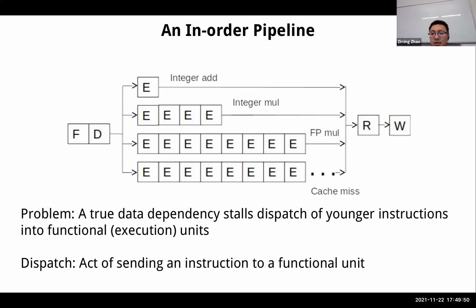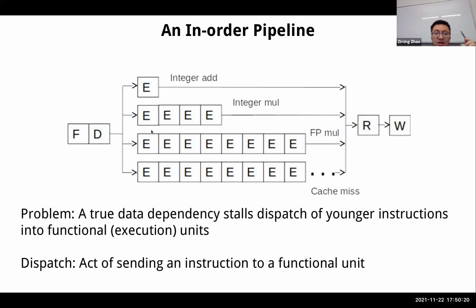Here we have a CPU with a 5-stage pipeline: fetch, decode, execution, read register maybe, then write back the result. So this is a 5-stage pipeline.